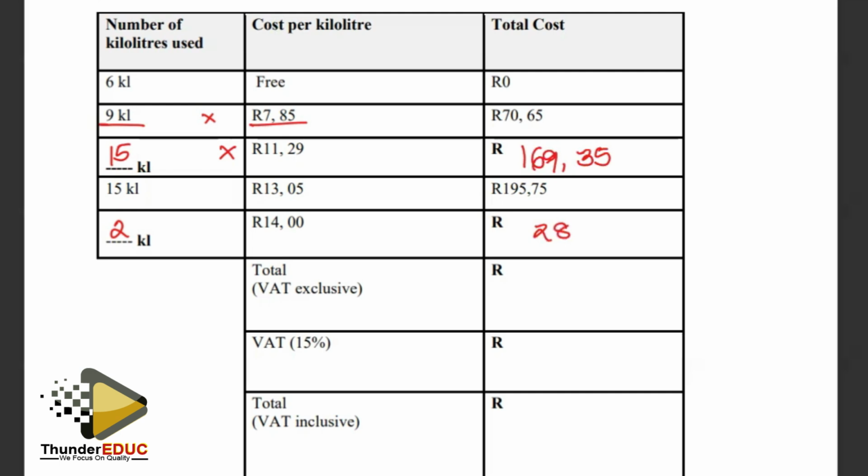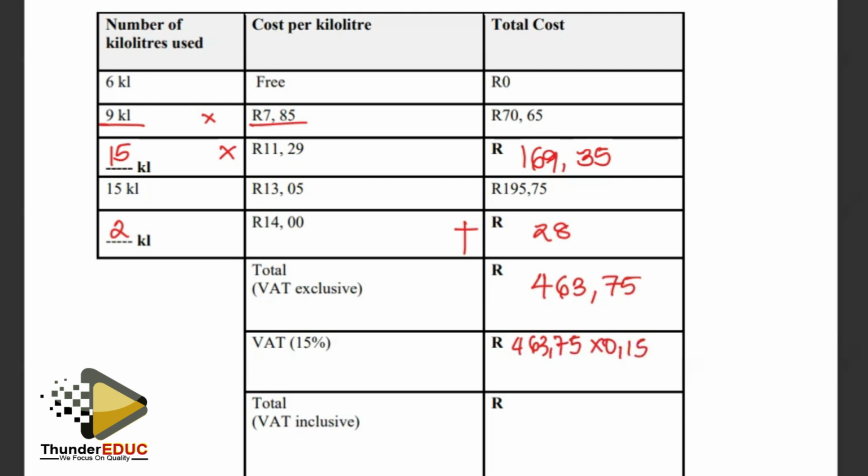So total VAT exclusive. We add everything up here. Add everything. We ended up having 463 rand 75 cents. VAT. How do we get the VAT here? It's supposed to be that value that you have on top there multiplied by 0.15.